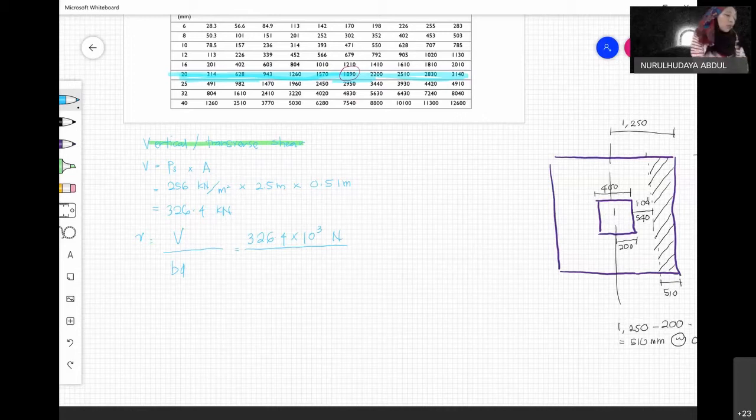So that's why we convert whatever is in kilonewton to Newton and whatever is in meter to millimeter. We know that B is 2500 mm and D is 540 mm according to example number 1. And we're going to get some value here.